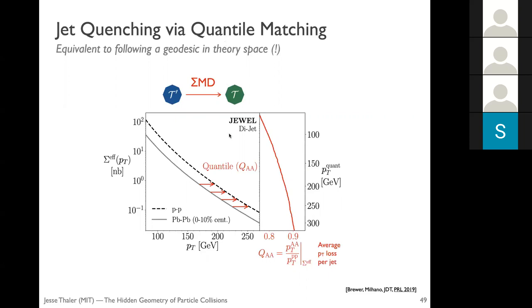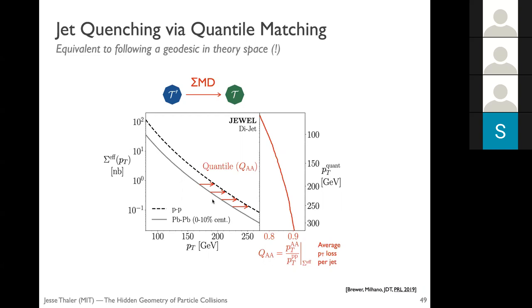So what we advocated for in this paper is this quantile matching procedure. Instead of asking what's the ratio of the cross sections, it asks what's the ratio of the pTs? How much is the pT modified when I compare things horizontally? That gives rise to these numbers here, which are much less extreme than you see in R_AA, numbers like 0.8 or 0.9, whereas R_AA would be like 0.4 or 0.5.